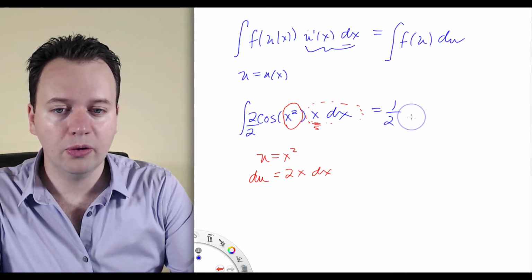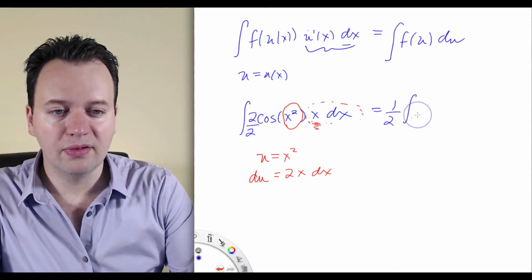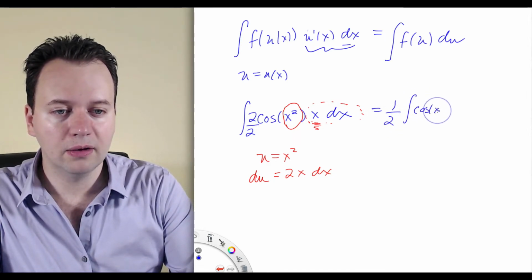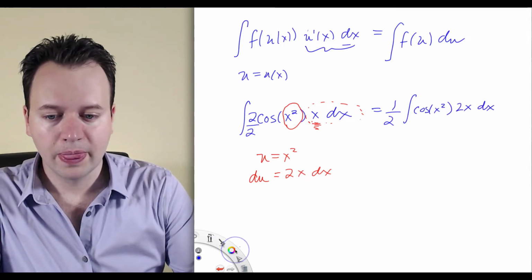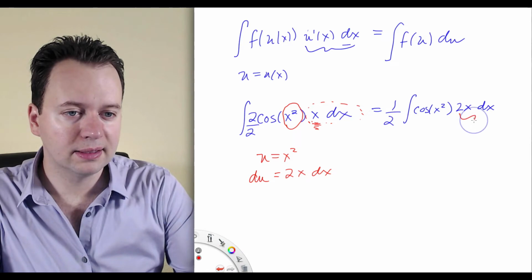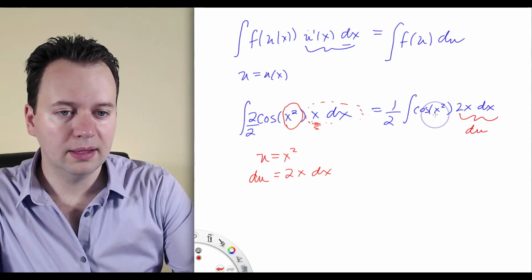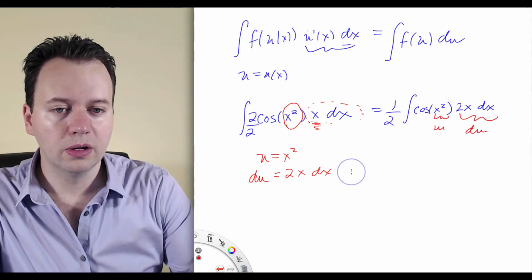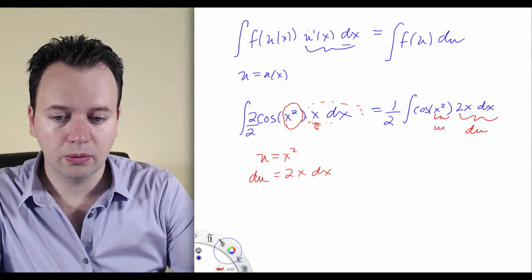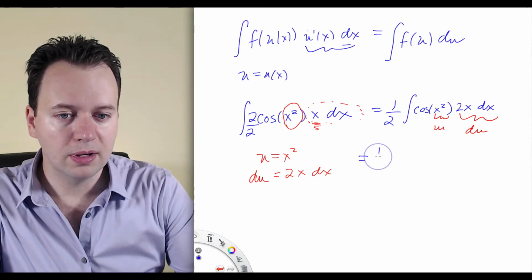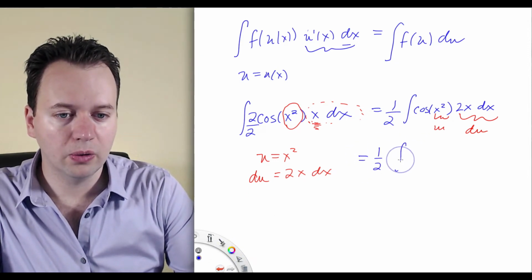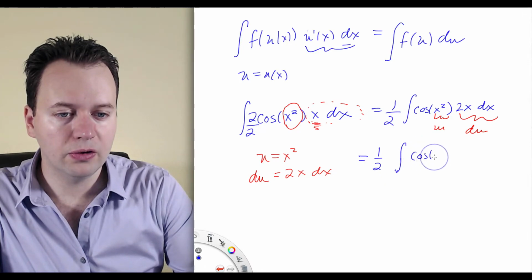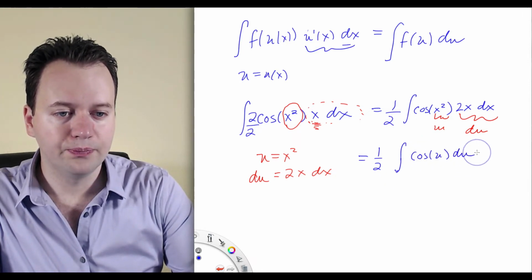So let me pull out the 1/2, and then we have the integral of cosine of x squared times 2x dx. Now 2x dx is my du, and the x squared is just u. So this integral, once we apply the substitution, becomes 1/2 the integral of cosine of u du.